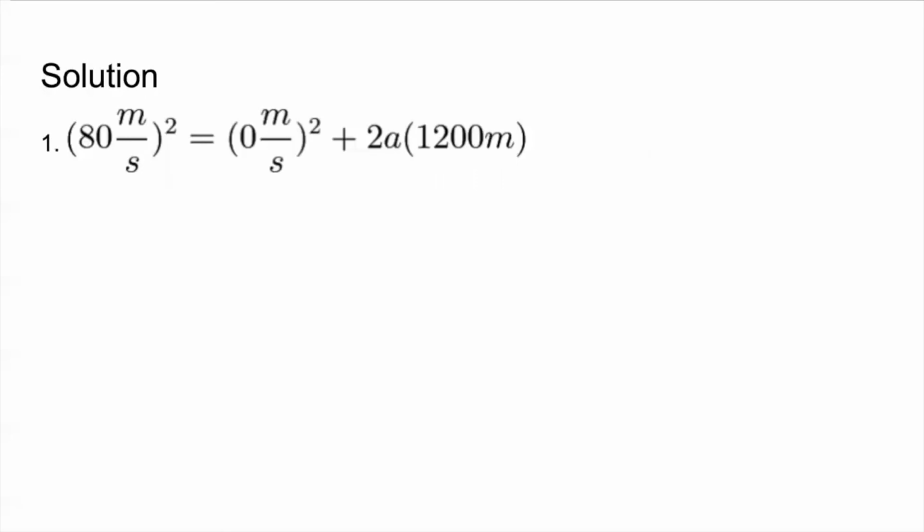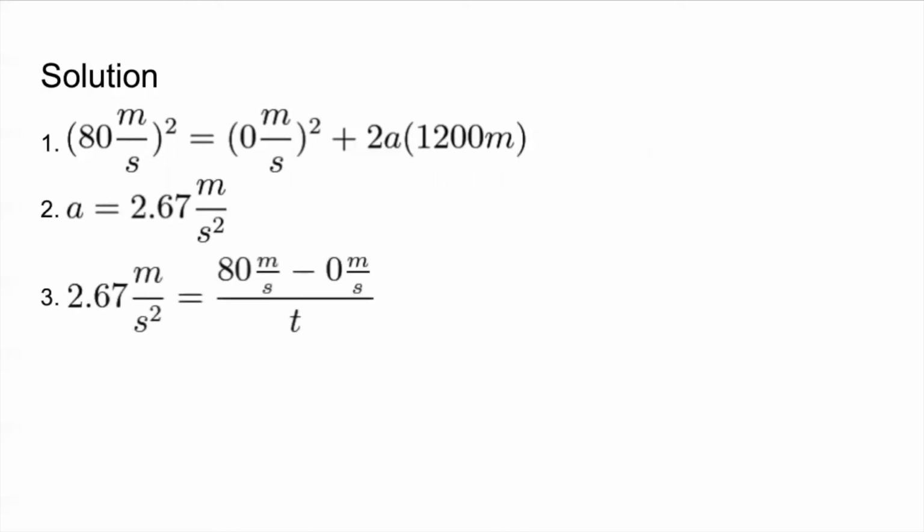So 80 meters per second squared equals 0 meters per second squared plus 2a times 1,200 meters. So using this, we solve that the acceleration is 2.67 meters per second squared. And plugging that in to the third kinematic equation, we can solve for time. So time is 30 seconds.